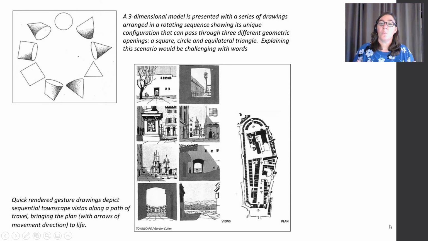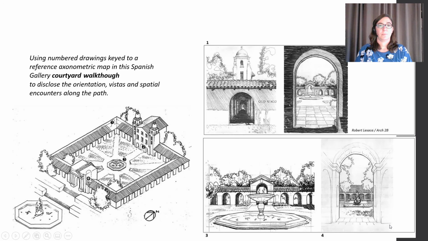On the bottom, we have a series of sequential townscape views that are keyed to a map, and this really helps bring that plan to life, and will help your viewer imagine themselves and their progression through this space. Here's another example of a series of sequential views keyed to an overall architectural, in this case, an axonometric.